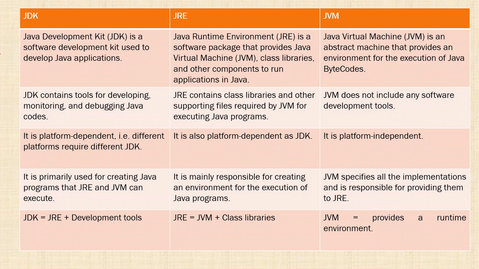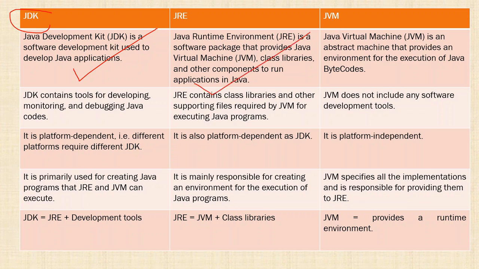Now we are going to understand the difference between the JDK, JRE, and JVM. The Java Development Kit is a software development kit used to develop Java applications. We use it for development purposes. The JRE, Java Runtime Environment, is a software package that provides the Java Virtual Machine, class libraries, and other components to run applications in Java.